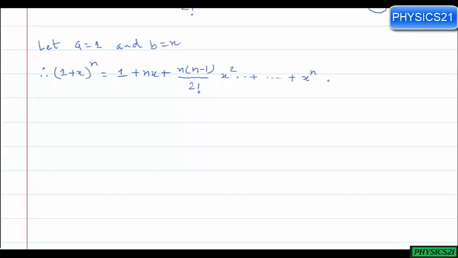That is another form of the binomial theorem. Let this be equation 4.